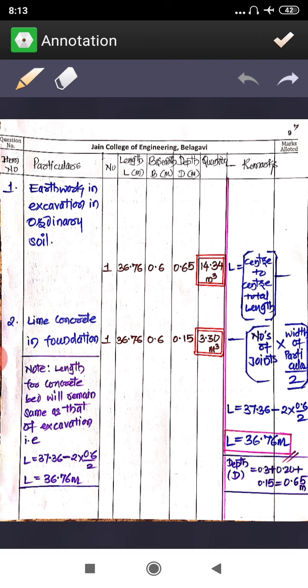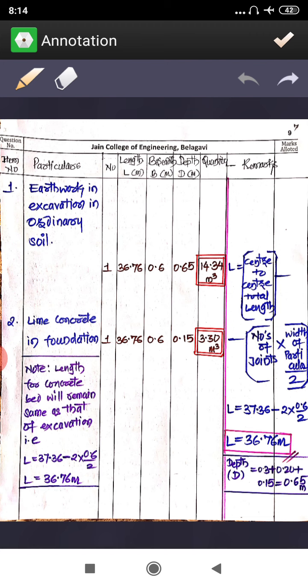37.36 minus 2 numbers of junctions into half of width, 0.6 by 2. Now this width 0.6 is of footing width, and the depth is 0.65. That depth also I have shown you here. Direct depth is not given, so you have to add all the depths below the ground, then you'll be getting the excavation depth.